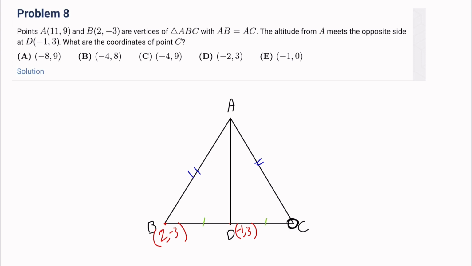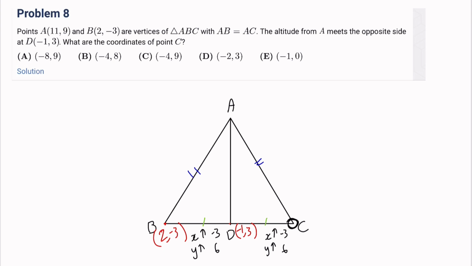Okay, so that means the amount of the x increase and the y increase from B to D will be the same amount of x increase and y increase from D to C, right? And so from B to D, x will increase by -3 and y will increase by 6, right? And so same thing to here, -3 and 6.